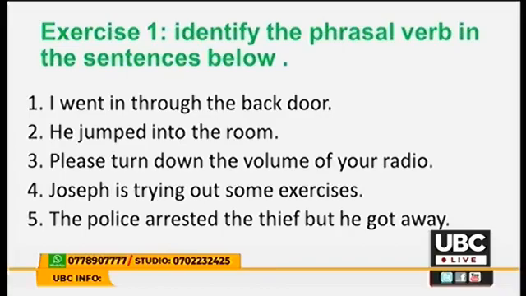Sentence 5: The police arrested the thief, but he got away. Yes, write your answers. You can send them by WhatsApp, but make sure you have underlined the phrasal verb as a way of identification.